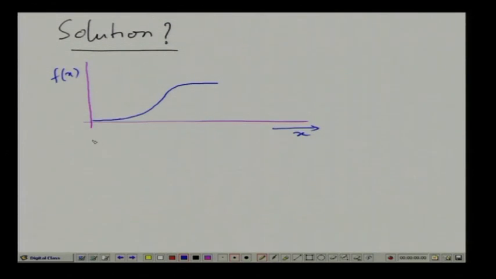If I take the gradient of this, and as you know the gradient is a first order derivative operation, the gradient will appear something like this.